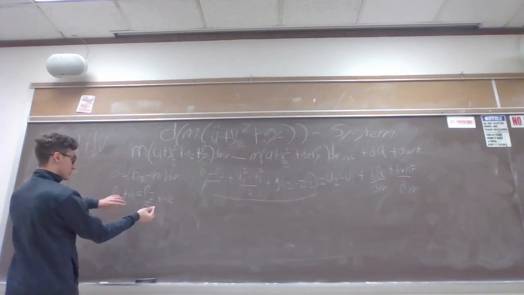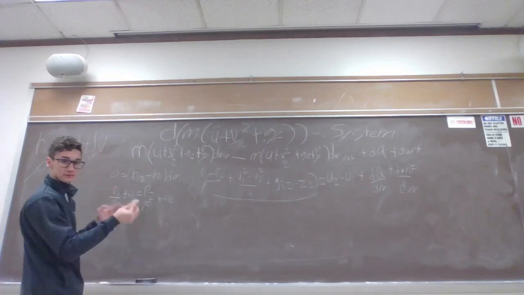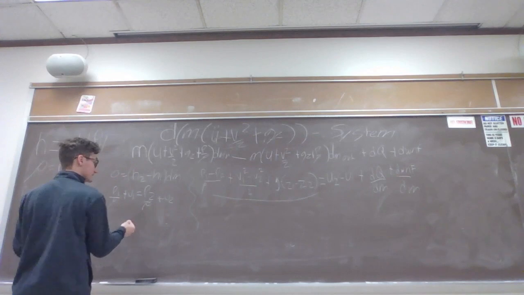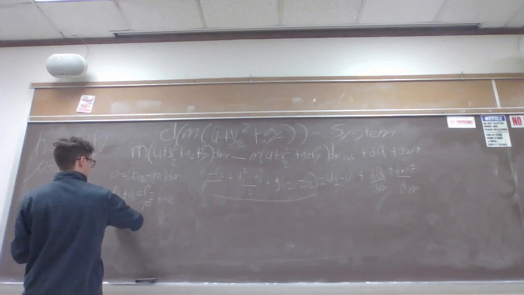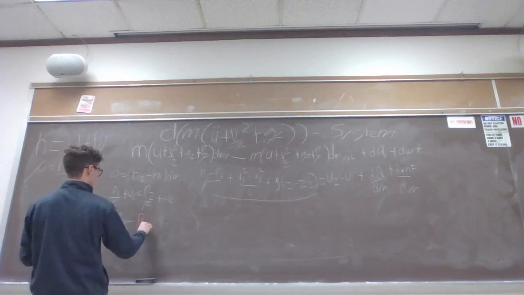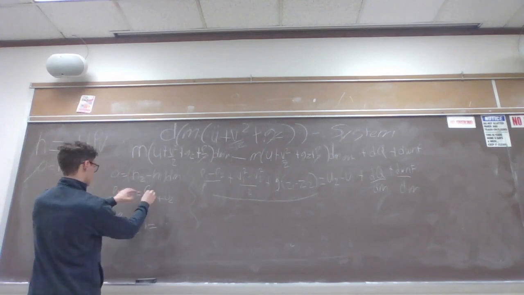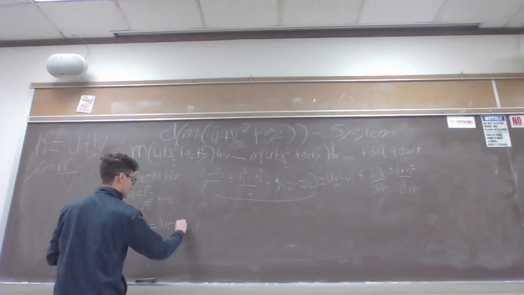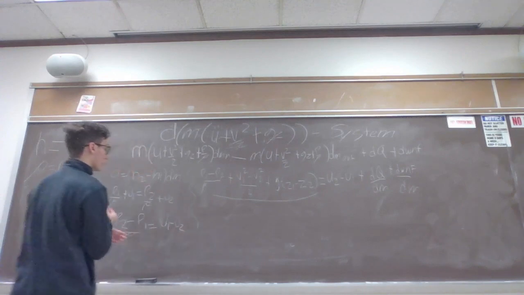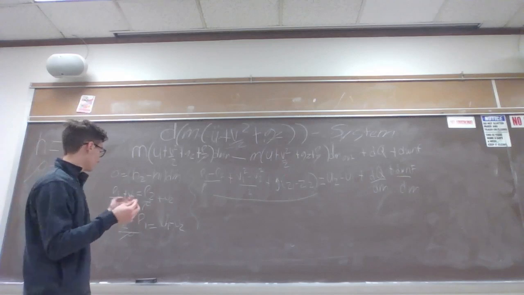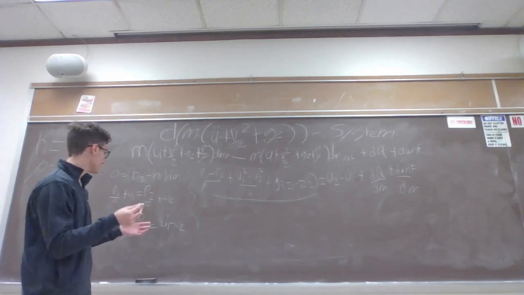We're going to take these all to one side, bringing all the similar variables to the like side. So we would have p2 minus p1 over rho equals u1 minus u2. And what we know about u1 minus u2 is that u equals cv dt.